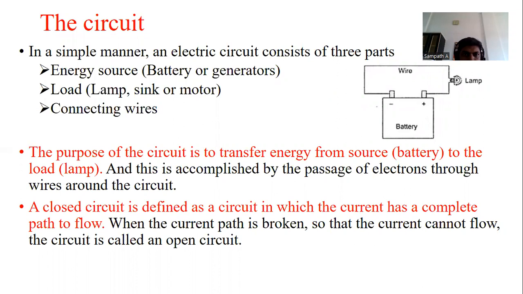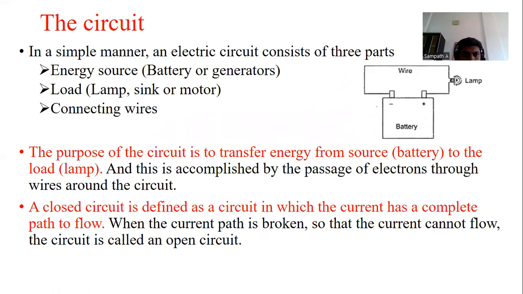The next term is the electrical circuit. A circuit consists of energy sources, connecting wires, elements, and load. These are all connected as a closed loop, and that is called a circuit.